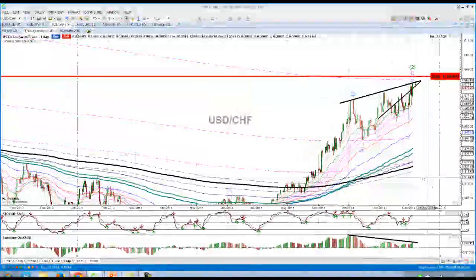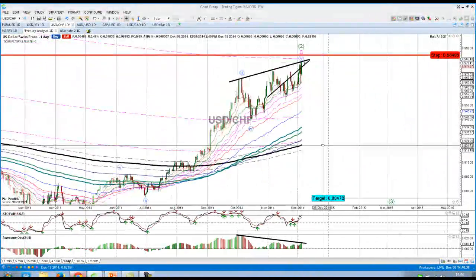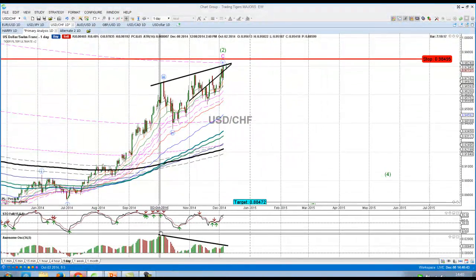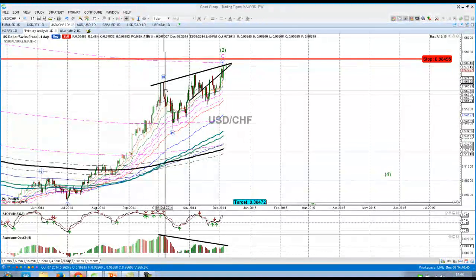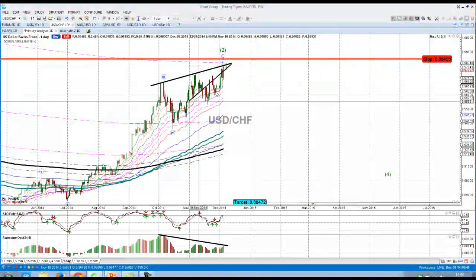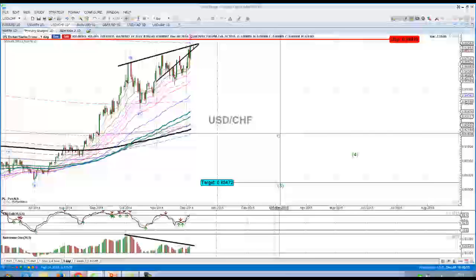We've just recently moved our wave 2 of the intermediate down. The intermediate is green and in brackets, and now what we're looking for, as you can see, is the divergence in play here on the awesome oscillator, and as price pushes through these areas here, we're looking for a strong movement down.